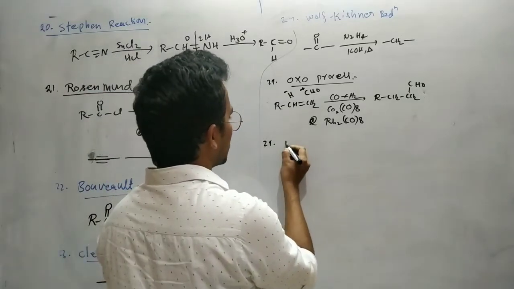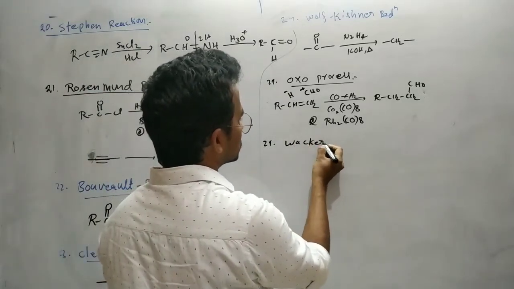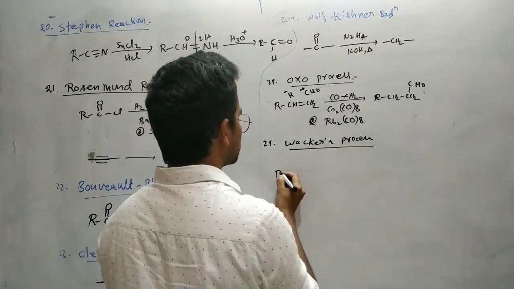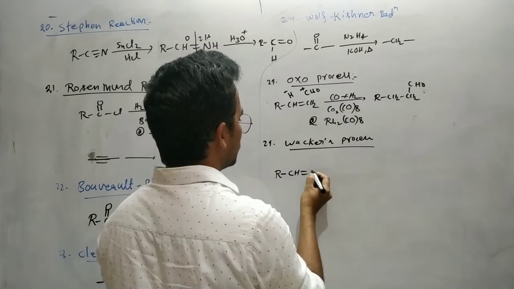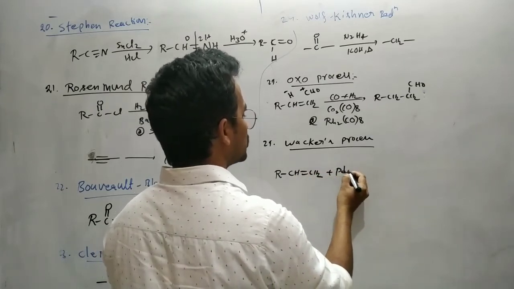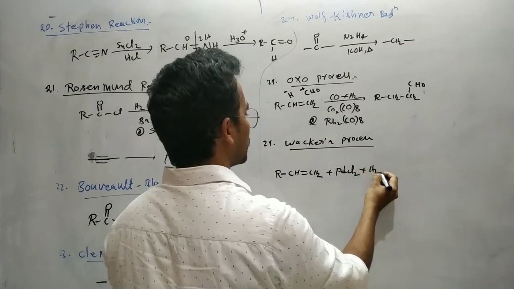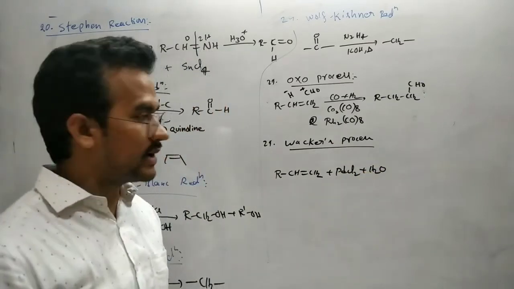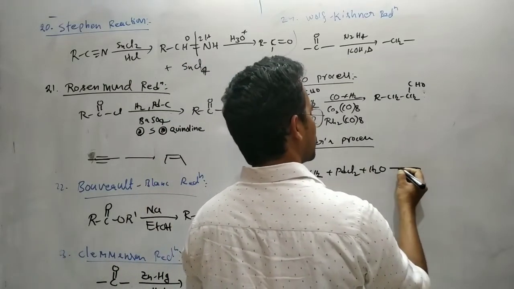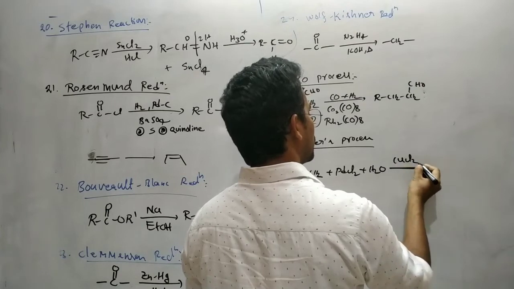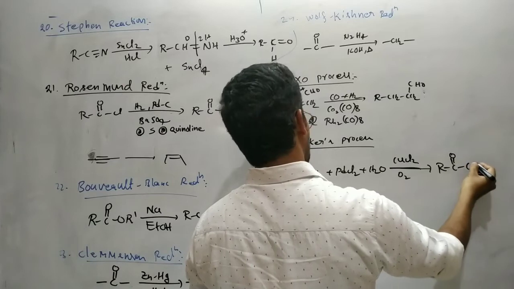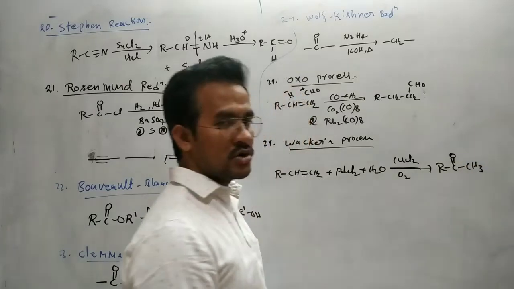Next, a similar reaction, the Wacker process. In the Wacker process, an alkene RCH double bond CH2 reacts with an aqueous solution of palladium chloride along with CuCl2 and atmospheric oxygen, and these alkenes are converted to carbonyl compounds.